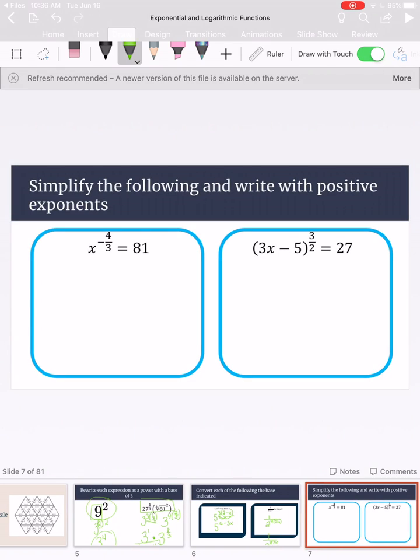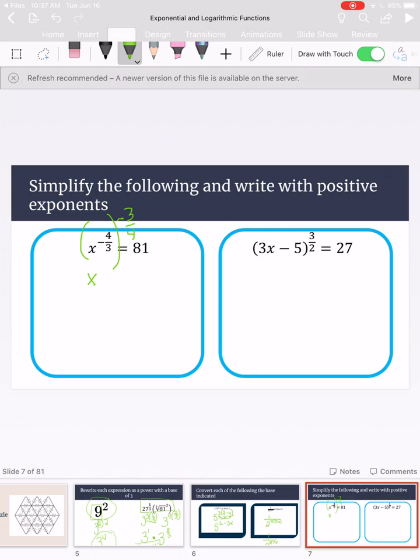Okay. Simplify the following and write with positive exponents. So we're going to simplify this. There's different ways you can do this, but I'm going to solve by raising to the opposite power here, so to cancel out that exponent. So negative 4 over 3, if I were to raise that to the power of negative 3 over 4, that would cancel out, right?